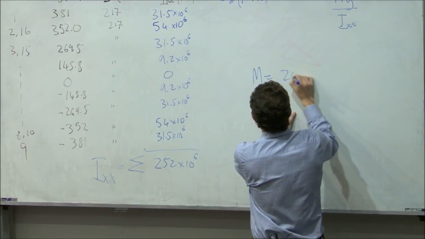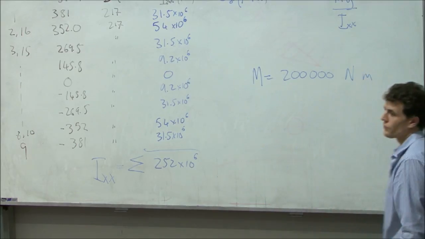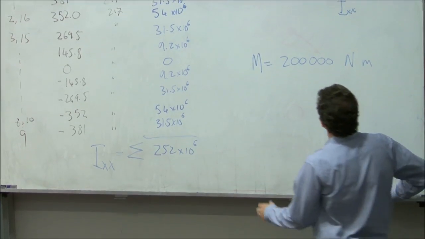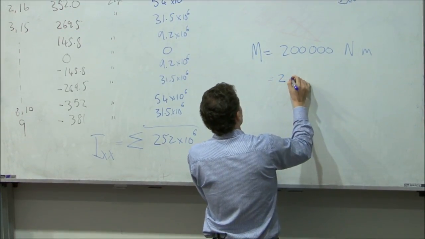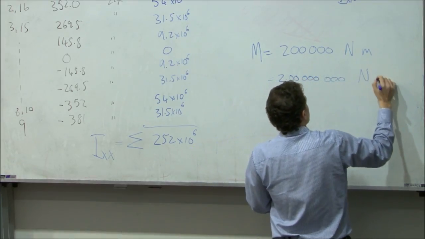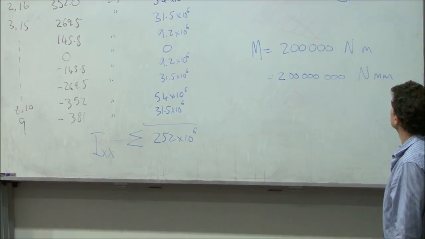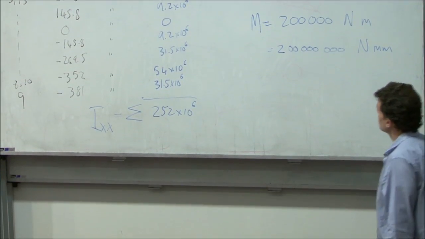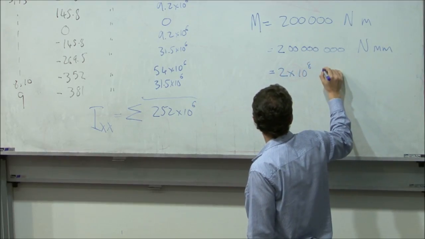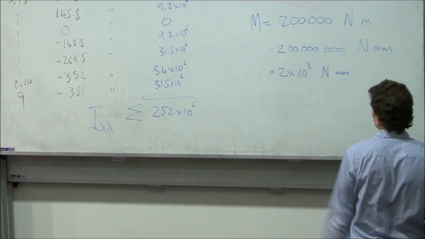M equals 200,000 Newton meters, and 1 meter is 1,000 millimeters, so that's 200,000 Newton millimeters, which is 2 by 10 to the 8 Newton millimeters.